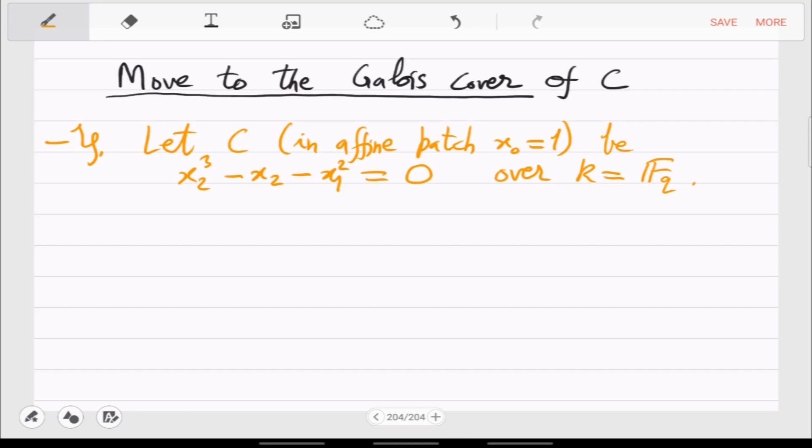So what is the problem in the function field of this? The function field is called big K. It will be this field.